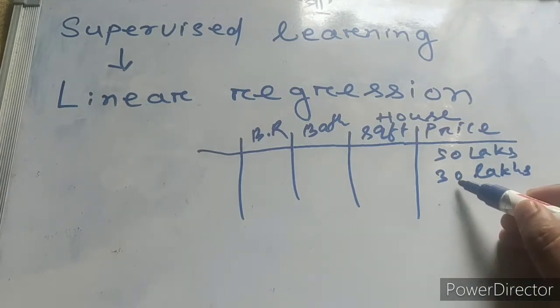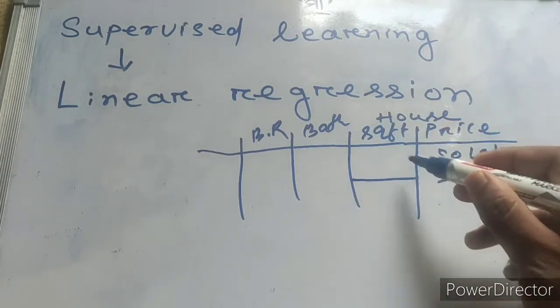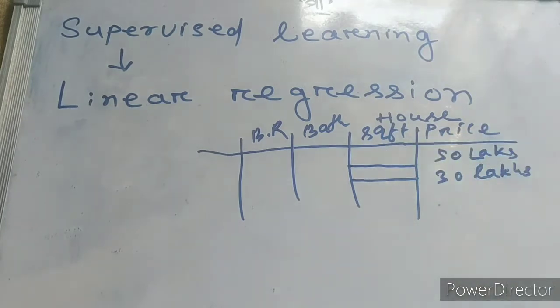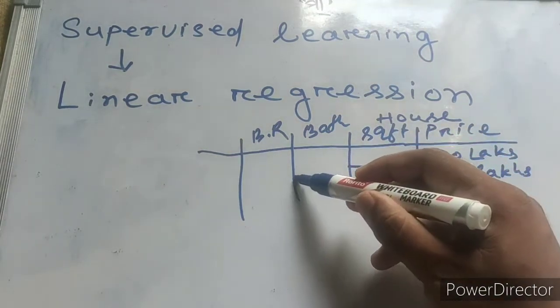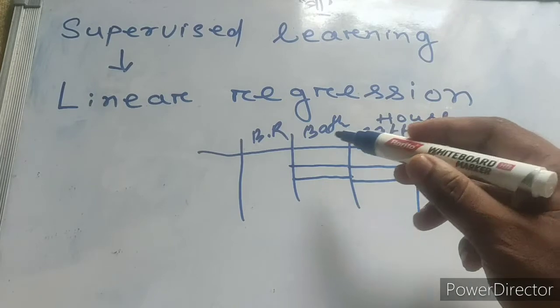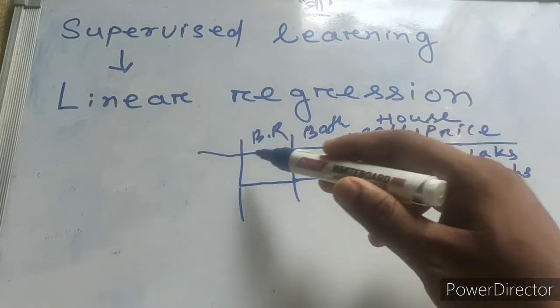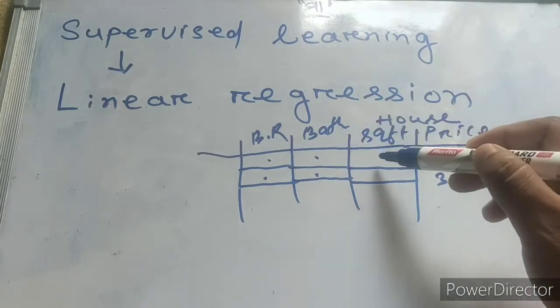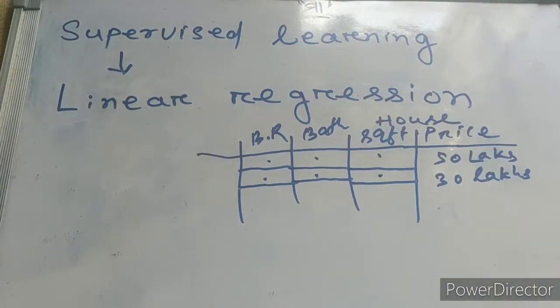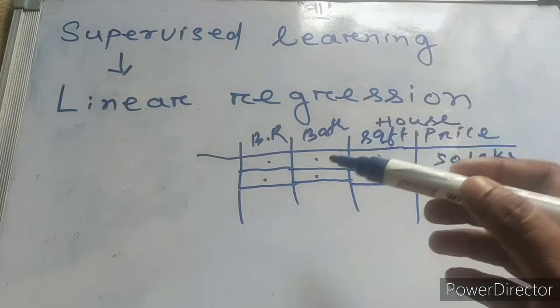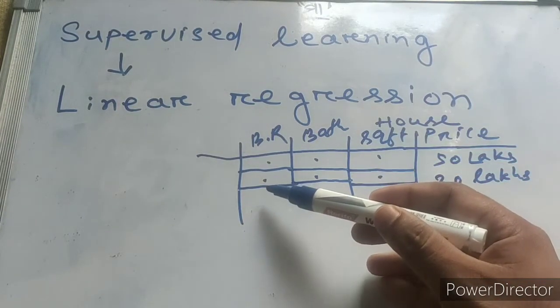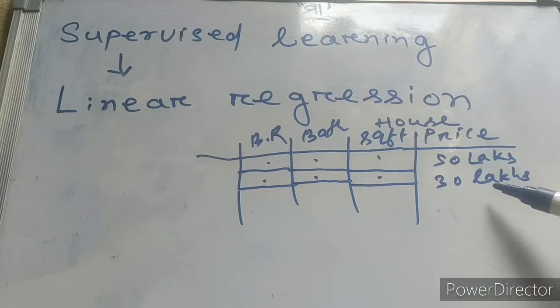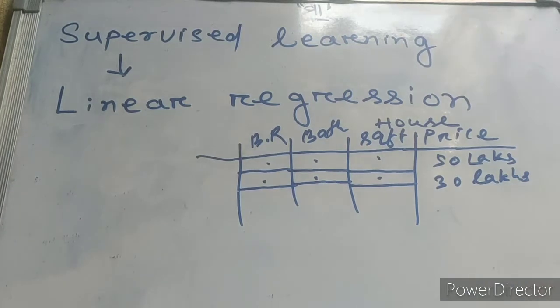This price column is dependent on the size of the house, what kind of bathroom is present in the house, and how many bedrooms are present in the house. This price column is dependent on the values of these features. So if we make changes in bedroom, definitely the change can appear in the price column.